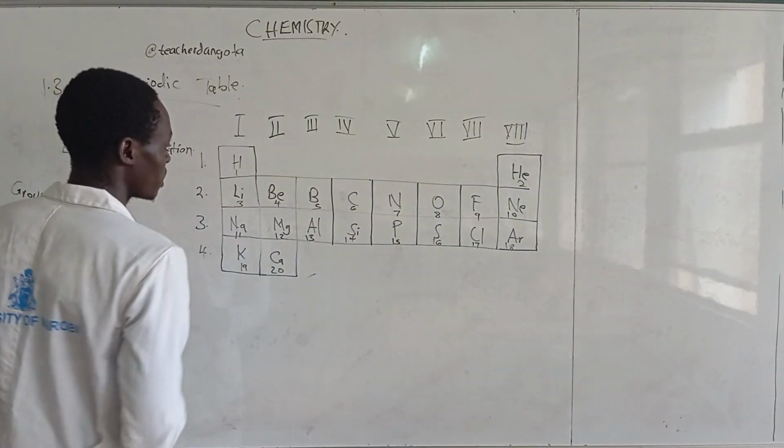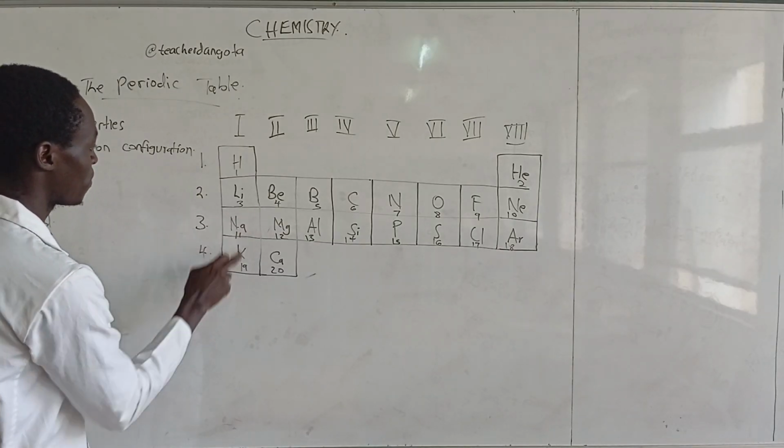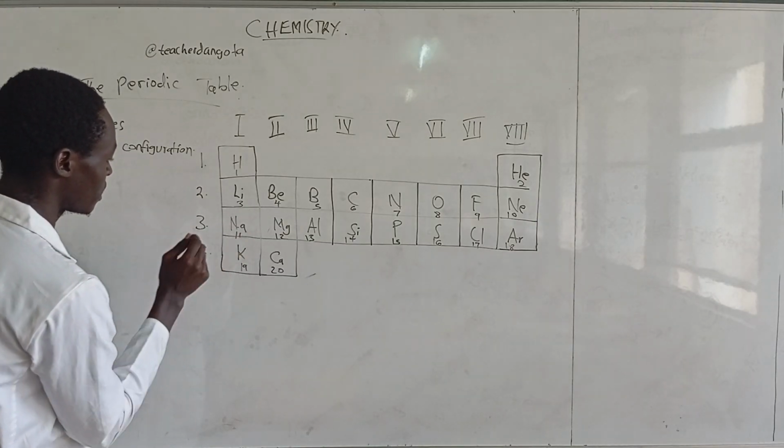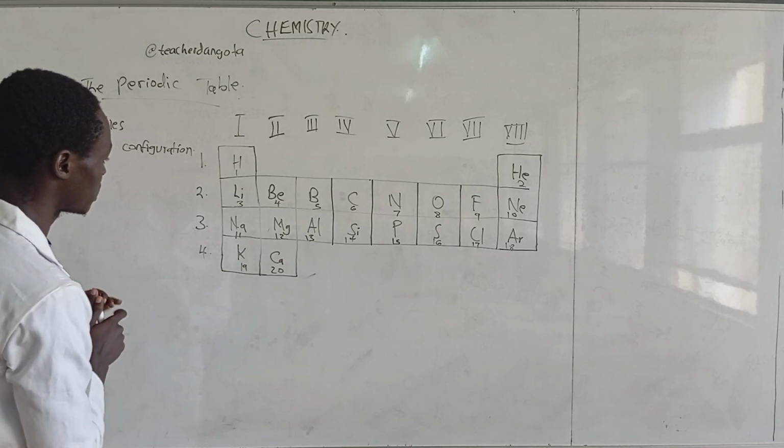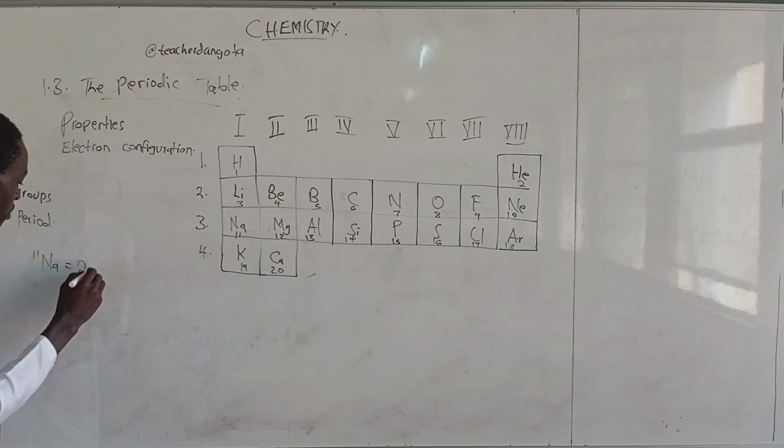So for example, let's check on sodium and potassium. Let's check on sodium. Sodium has an atomic number of 11. So what is the configuration? It will be 2, 8, 1.